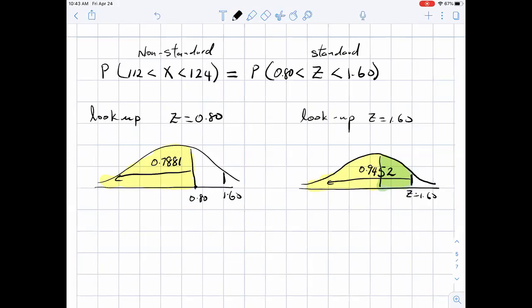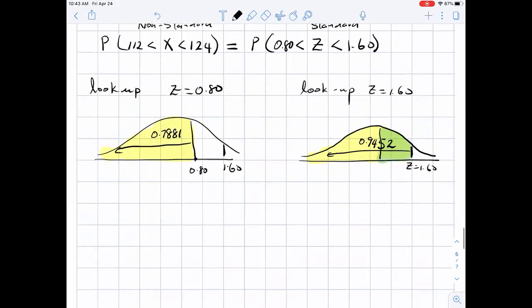So how do we get the shaded? So the question is, what is the probability of the green part, which is less than 1.60, but greater than 0.80? Okay. So if you notice, you count that yellow piece twice, don't you?